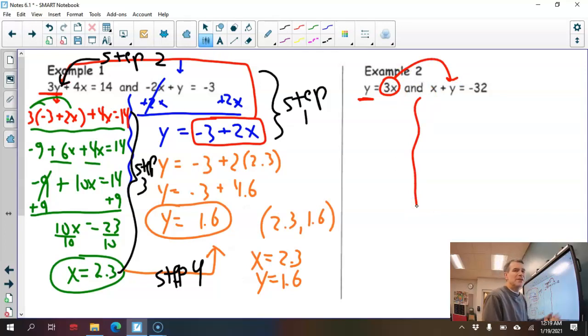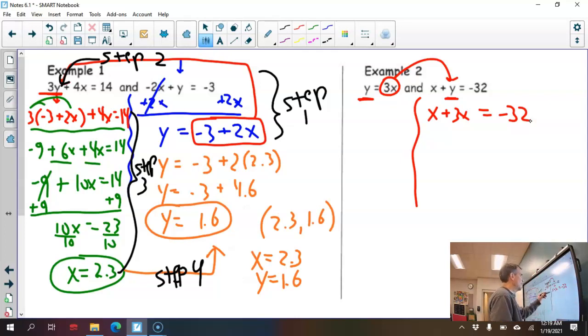So I'm going to rewrite the second equation, but replace the y with what y is equal to, which is 3x from the first equation. That's the big thing right there. You learn how to do the substitution, the rest is easy.